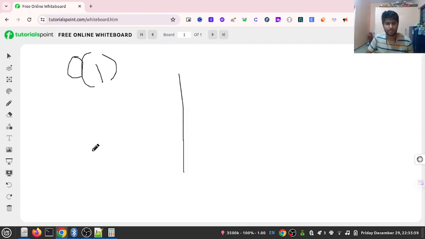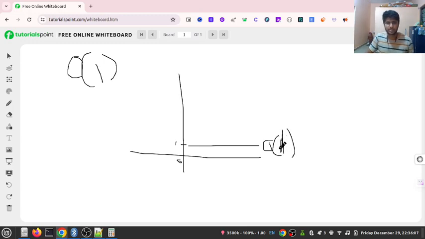If we plot a graph of this, let's suppose this is 0 and this is 1, right? The same amount of time it is taking. So what we can say is it is taking constant time complexity, one unit of time to execute a particular operation, right?